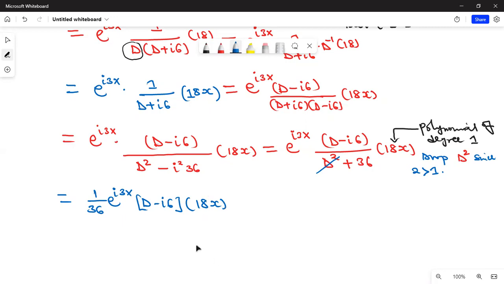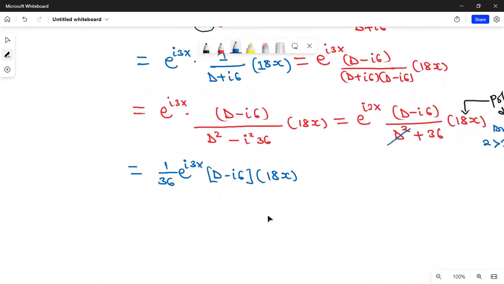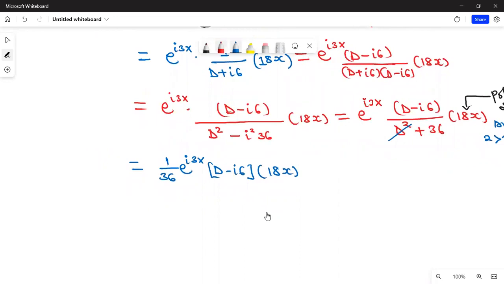And now we can open the bracket. This is still the same as 1 over 36 exponential I3x. Now, inside that bracket, it means derivative of 18x minus I6 times 18x. That's what it means.